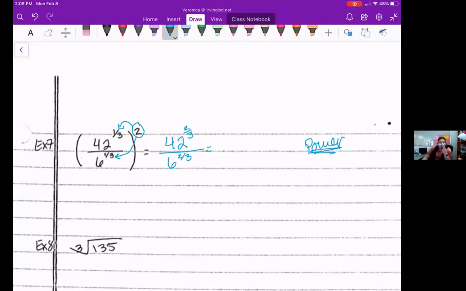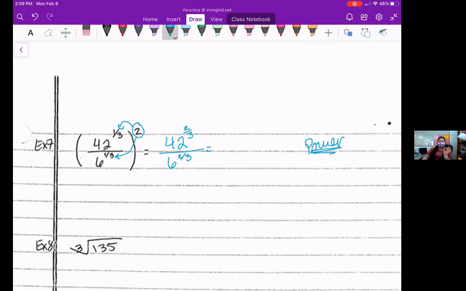What is my exponent? My exponent is a fraction. So what law would that be?